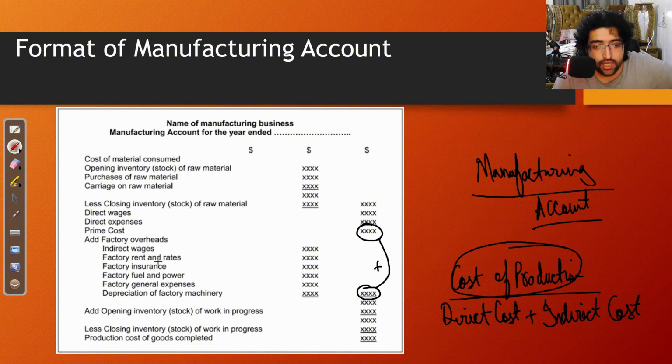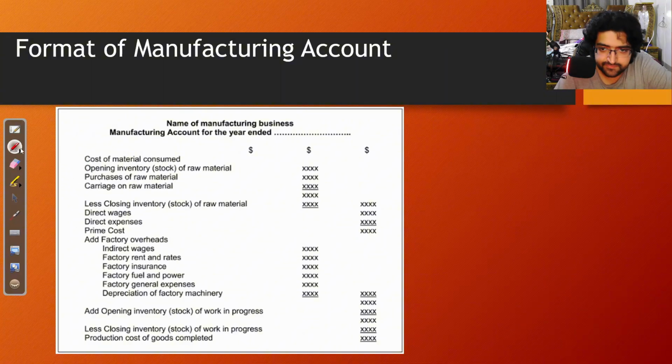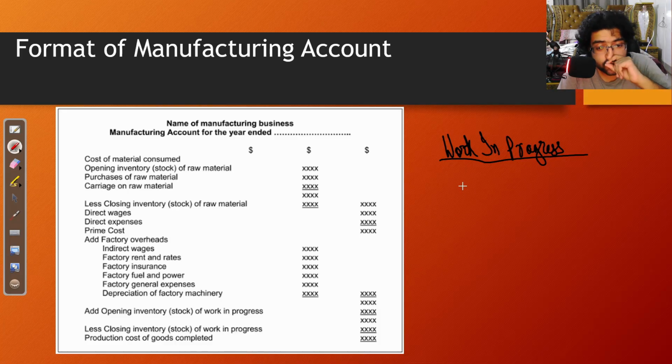Then you have to add opening work in progress. Now see, what is work in progress? Work in progress simply means the goods that remained unfinished. Work in progress, what is it? Those goods that are not complete, uncompleted goods, or incomplete goods, those goods that remained incomplete.